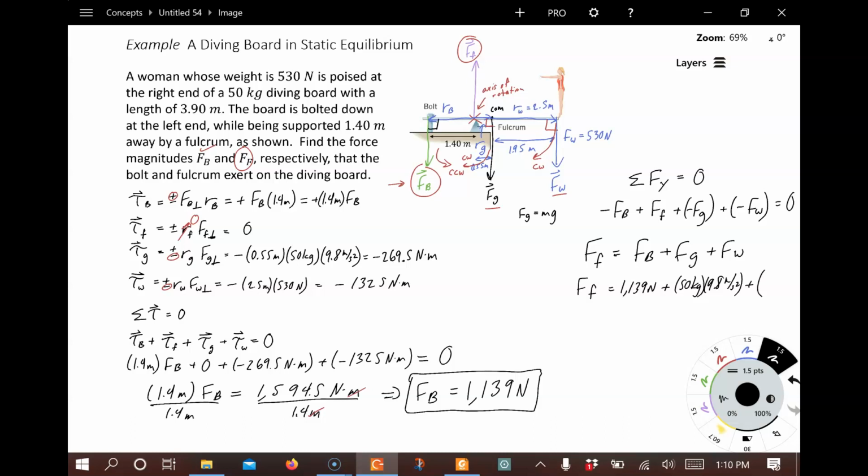The weight of the woman, 530 newtons, was given to us directly. And now we just add those all up. When we put that in the calculator, this is what we get: 2,159 newtons. That's the force of the fulcrum there. And so that wraps us up for this example problem of static equilibrium.